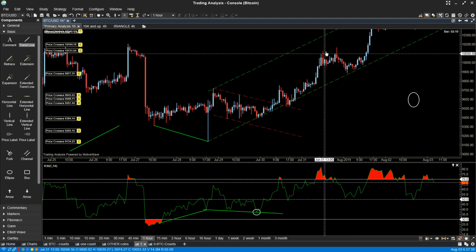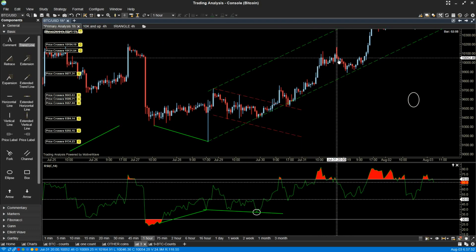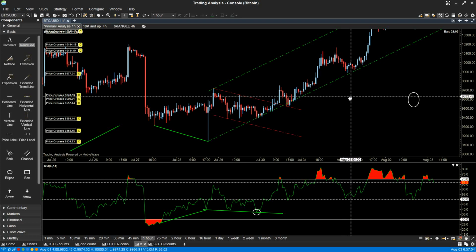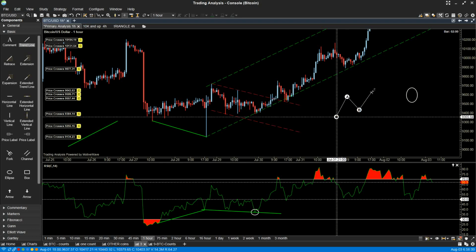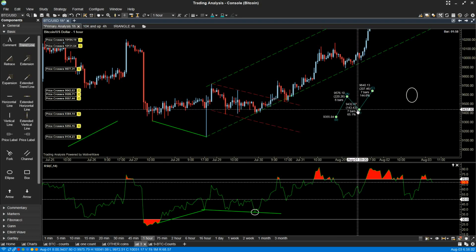Now, the market keeps going up. Every time the market wanted to make a correction, the market usually makes a correction in a 3-wave shape, something like this. Of course, this is Elliott, but you don't have to know ABC or anything like that.